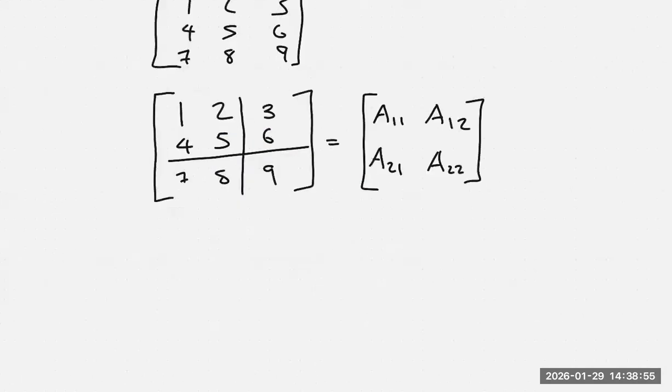Let me give the definition for that. The submatrix partition is a bit different. So write this down now. What is a submatrix? I'm going to be using this a lot.